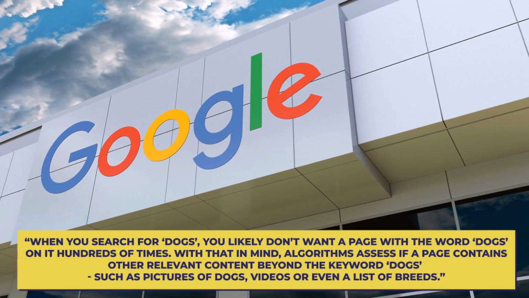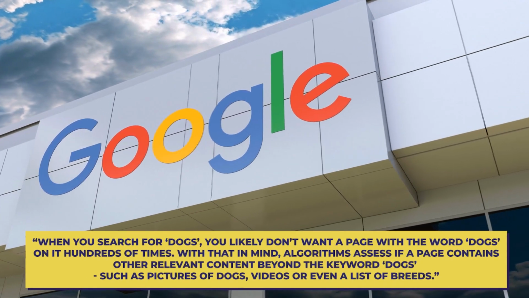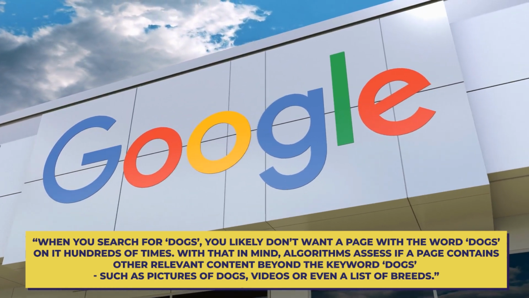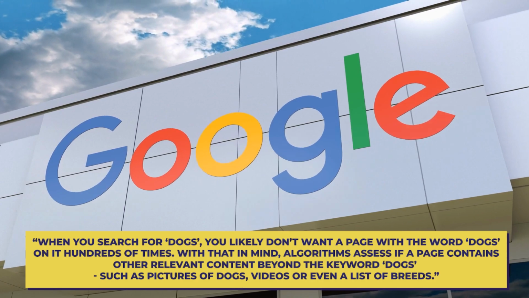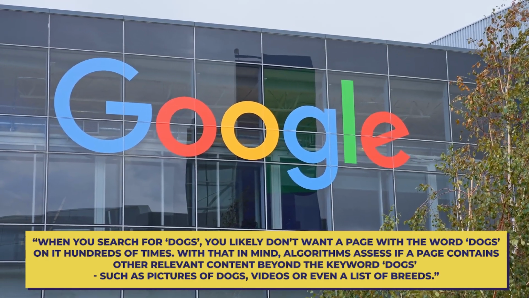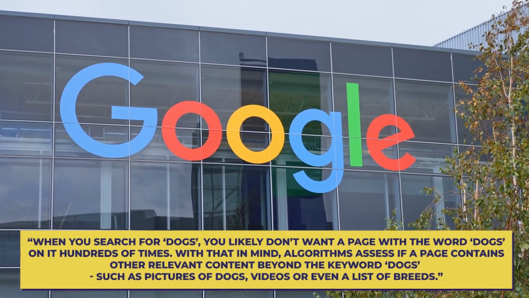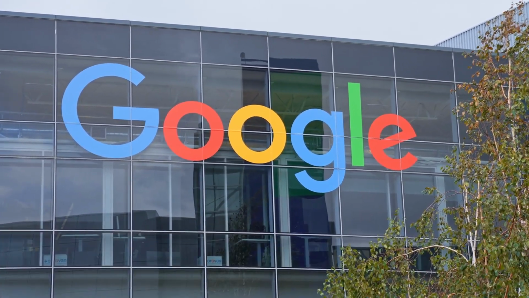As Google explains it, when you search for dogs, you likely don't want a page with the word dogs on it hundreds of times. With that in mind, algorithms assess if a page contains other relevant content beyond the keyword dogs, such as pictures of dogs, videos, or even a list of breeds.